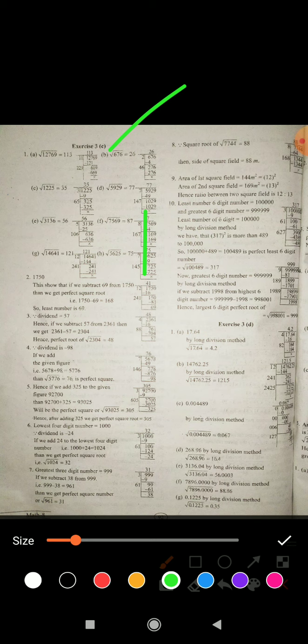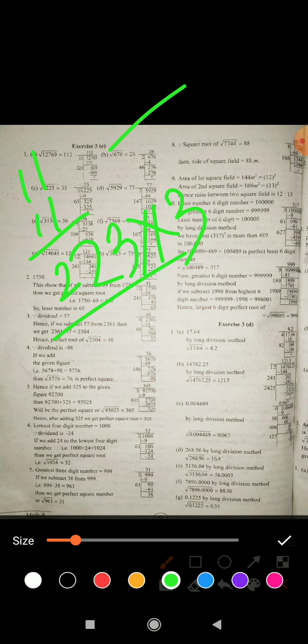Then 11 plus 11 gives 22. So 22 into 3 multiplied by 3 gives 669. So 113 is the square root of 12769.